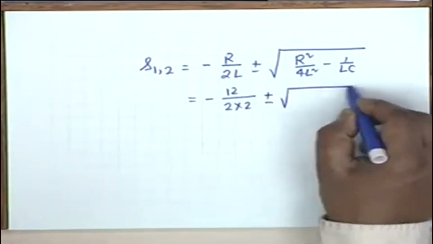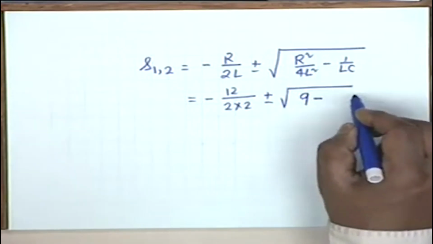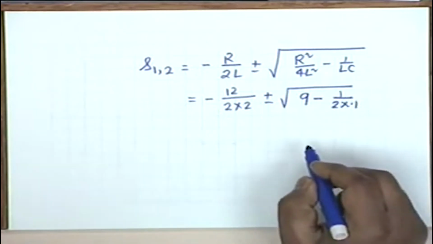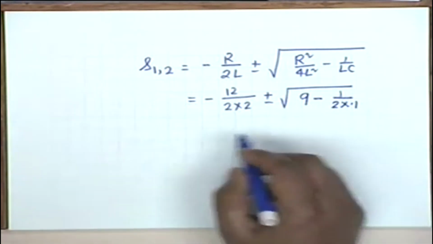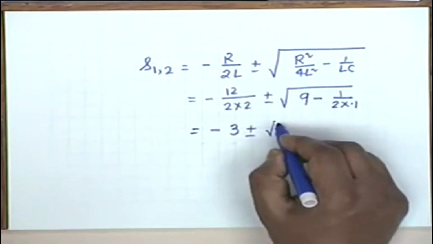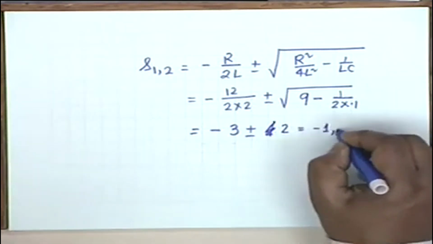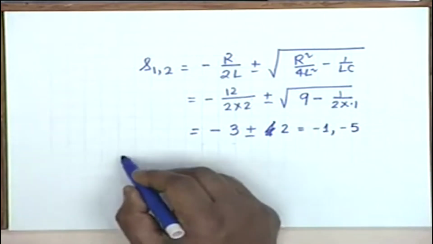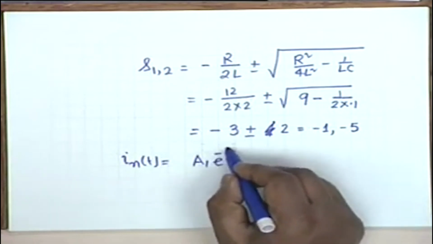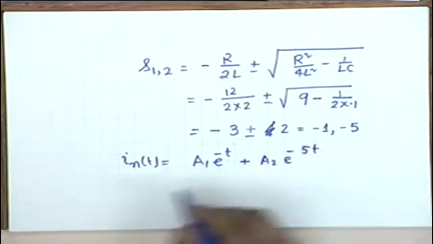So minus 3 plus or minus the square root of 9 minus 1 over LC, that is 1 over 2 times 0.1, which is 5, and therefore this is minus 3 plus or minus the square root of 4, which is 2. The roots are minus 1 and minus 5, which means that In of t shall be equal to A1 e to the minus t plus A2 e to the minus 5t.